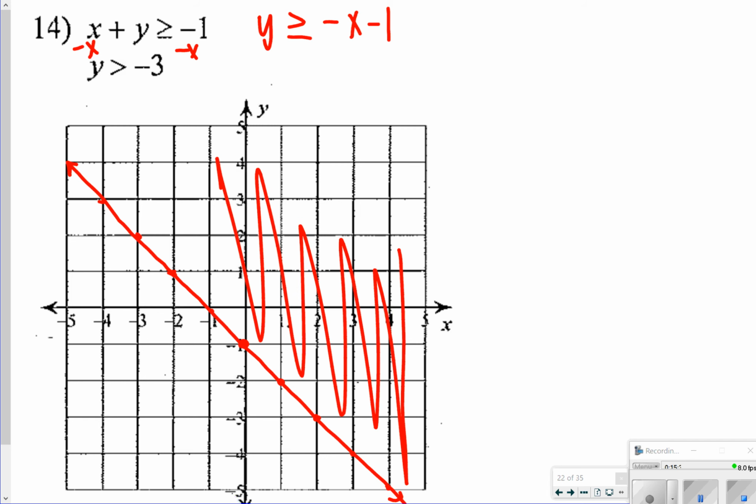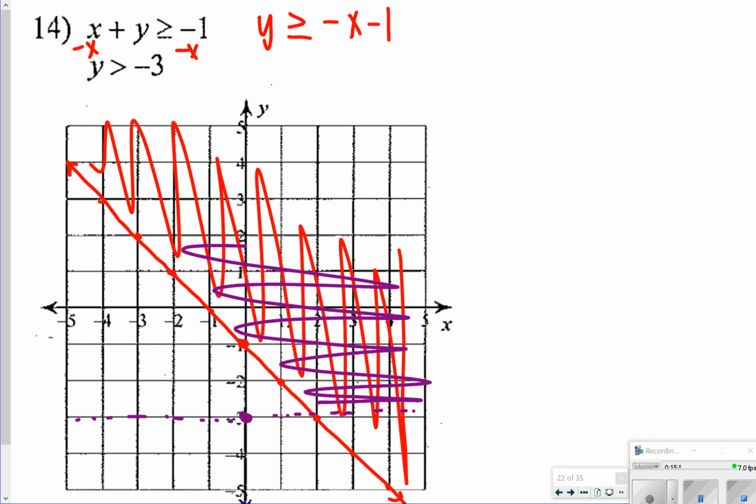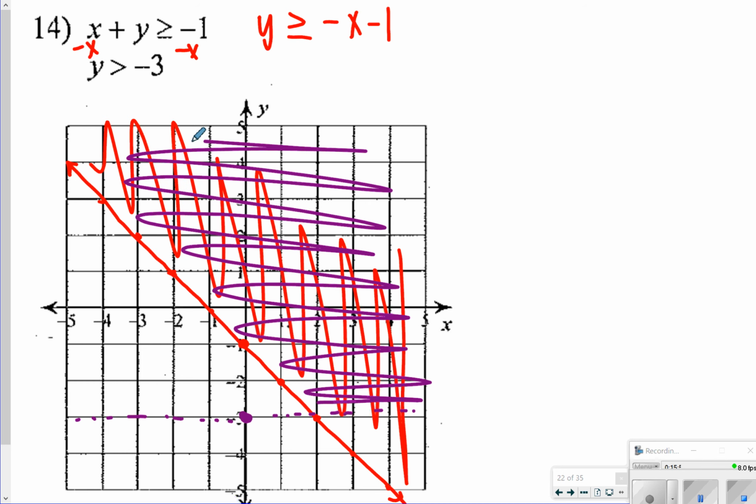So all of this. And then for y is greater than negative 3, we'll find negative 3 on the y-axis. And this is a dotted line with everything bigger than negative 3. So the only overlap you would have for both would be above this section here. Okay, you could have some shading here, but it's not going to overlap with the red.